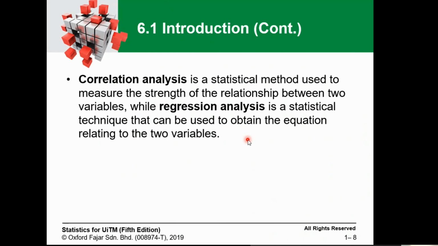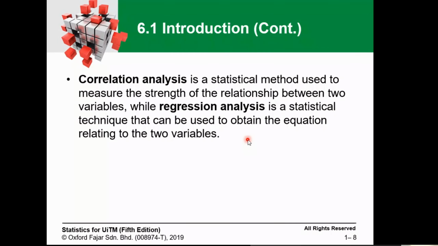So as I have explained, correlation means there is a relation between two variables. If one variable changes, the other variable will also change. So this correlation may go as positive or as negative. An increase in one variable that causes an increase in the other variable, we call a positive correlation.